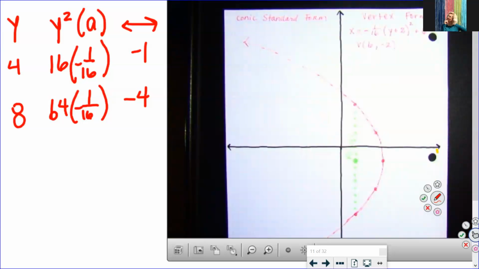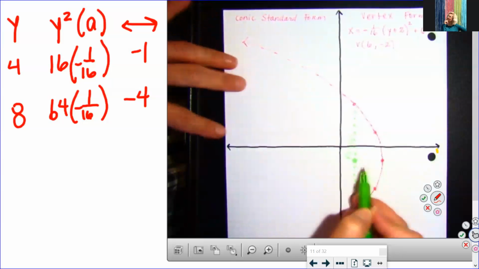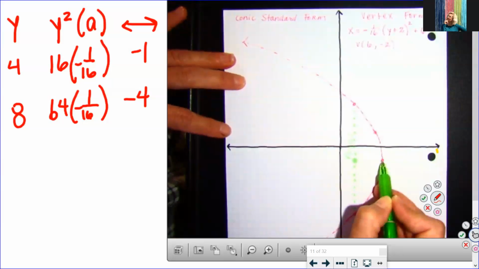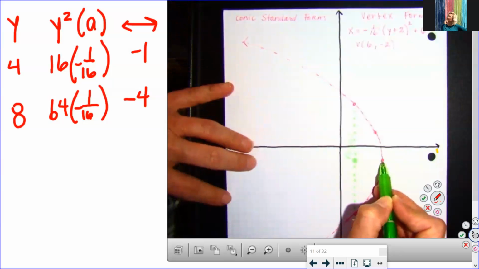How can we prove that on the graph? Look at where your focus is. You can just count those units and you're going to get 4 anyway. So this is 1, 2, 3, 4 places away from the vertex.